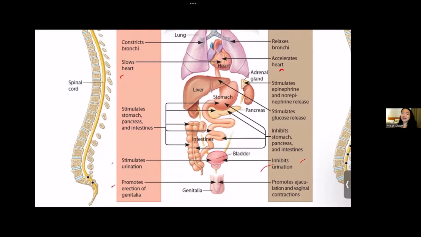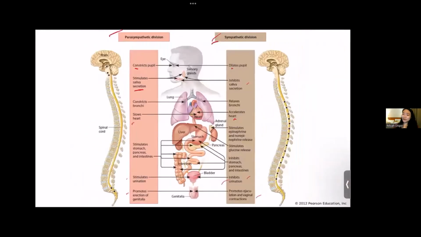And then at the rest and digest stage, this will promote the erection of genitalia, while at the fight or flight, this will promote ejaculation and vaginal contractions. All right, so you can just go through that. It's quite interesting to see how our different body parts would respond according to the type of stage we're in, whether we are conserving energy or we are under the fight or flight response.